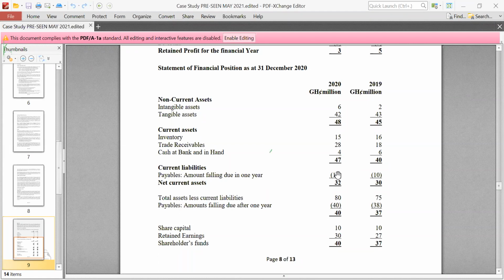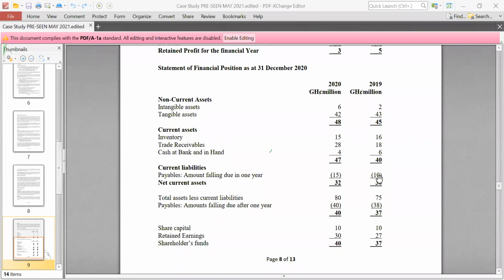When your payables are increasing, what impact does it have on cash? Increase in payables increases cash.